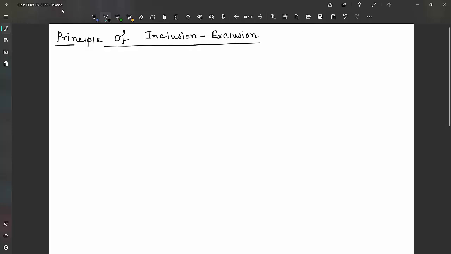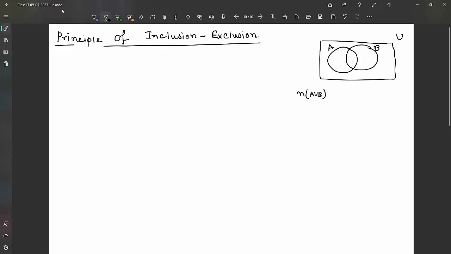If we start with this universal set U, and if this is A and this is B, you all know that the number of elements in A union B is equal to n of A plus n of B minus n of A intersection B. This is the principle of inclusion exclusion.